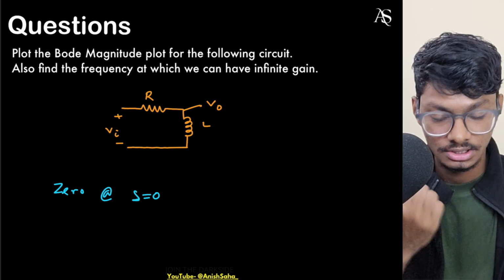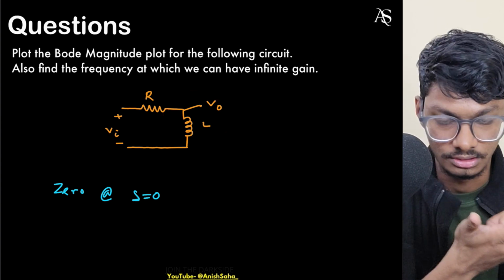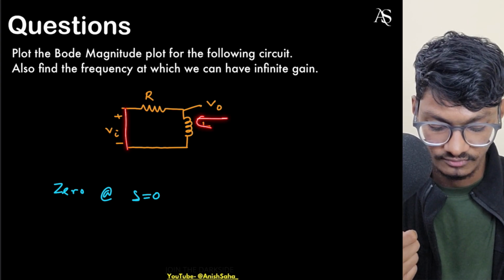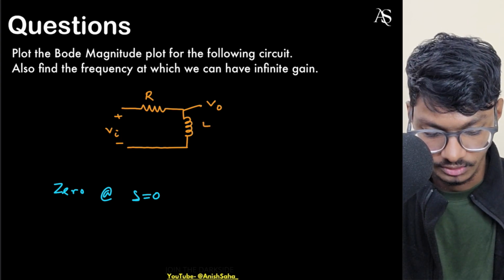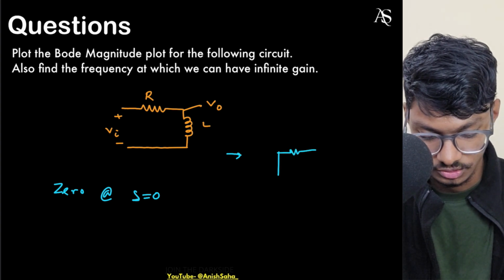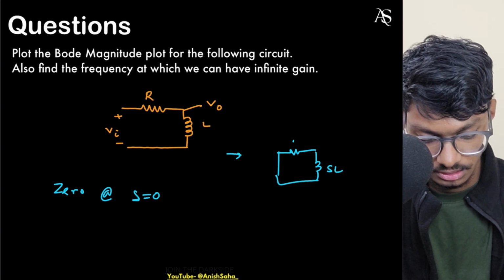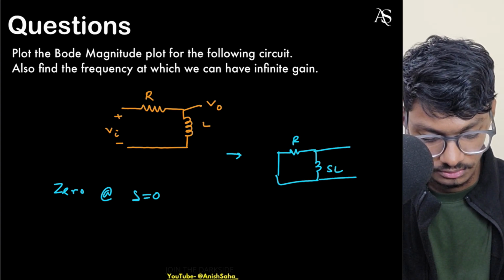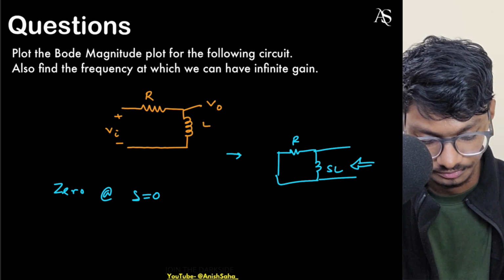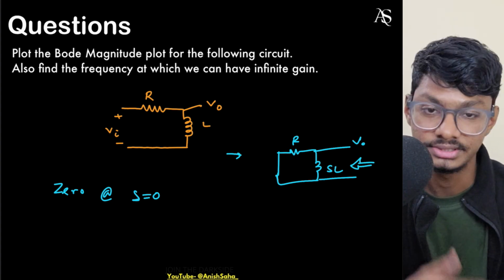Next we have to find the poles. The pole is either the negative inverse of the time constant, or simply you see infinite impedance from the output port when you short the input. How do we make this infinite impedance?